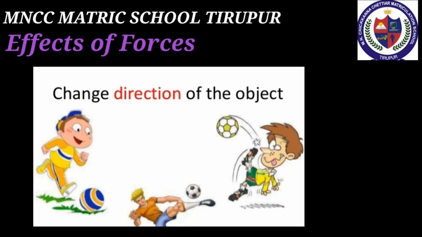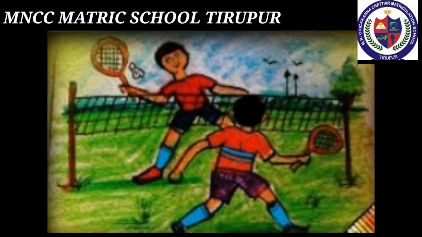Next, we'll learn about effects of forces. Force can change direction of the object. Look at the picture. A boy hits the shuttlecock and it reaches the other boy. He hits it again with the racket to move it in the opposite direction. Hence, force changes direction.